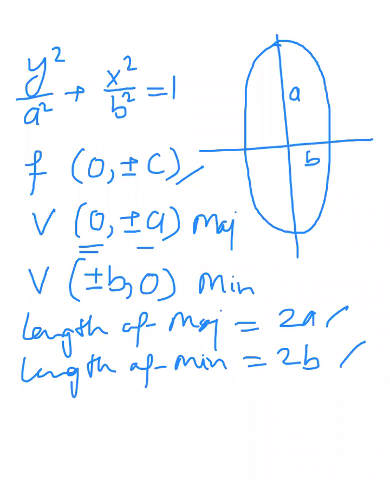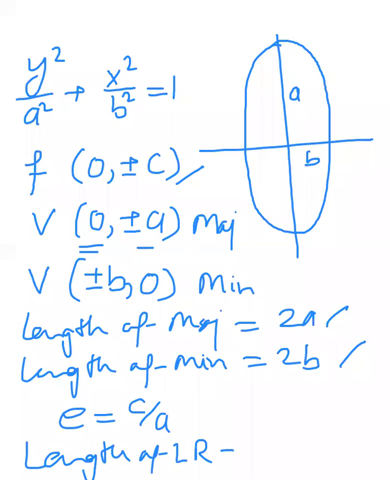See, length of major axis and length of minor axis are the same. Eccentricity will also be the same, c upon a. Length of latus rectum will be the same, 2b square upon a. Relationship between a, b and c will also be the same, that is a square equals b square plus c square.